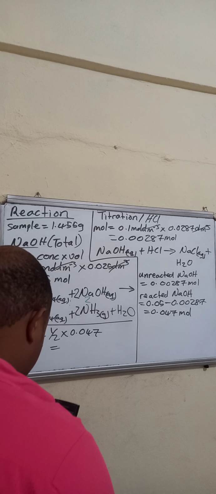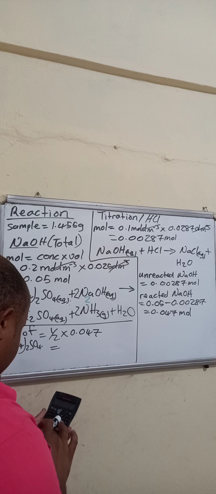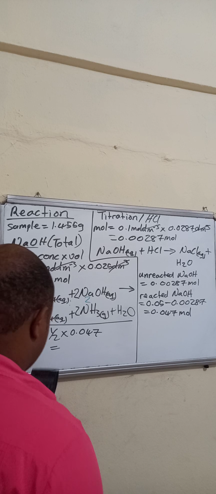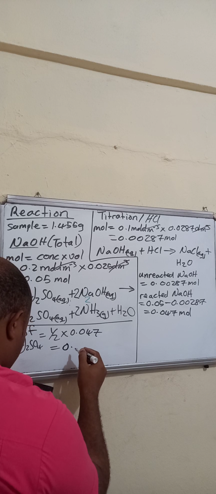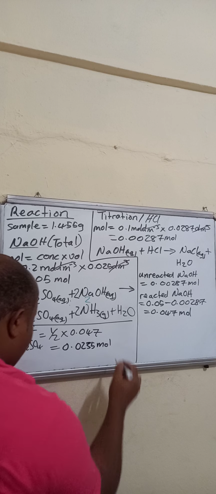Right, so 0.047 divided by 2 get 0.0235 moles.